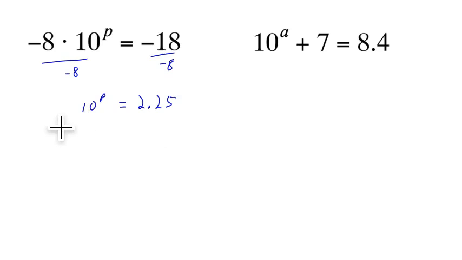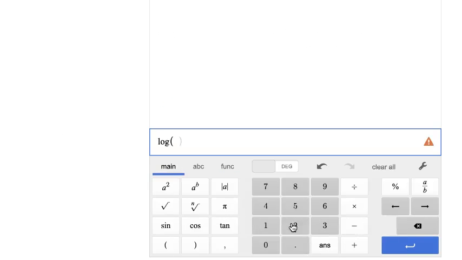So we have base 10, so we understand that if we leave the base empty in the logarithm, it's base 10. So log of 2.25 is equal to the exponent. Time to go to our calculator. And we get 0.35.